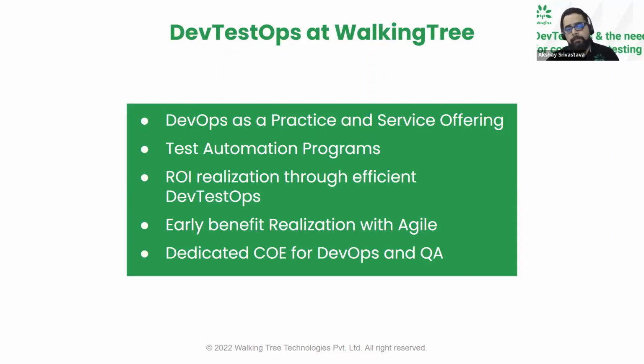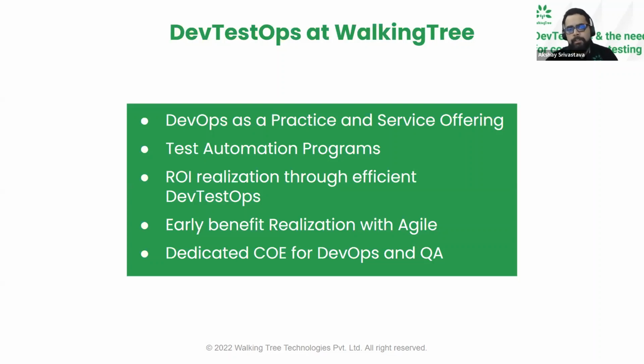Now, implementing DevTestOps may be a significant cost, like I mentioned earlier, but we have been able to help our customers realize better ROI by integrating DevOps and continuous testing into an effective DevTestOps implementation.